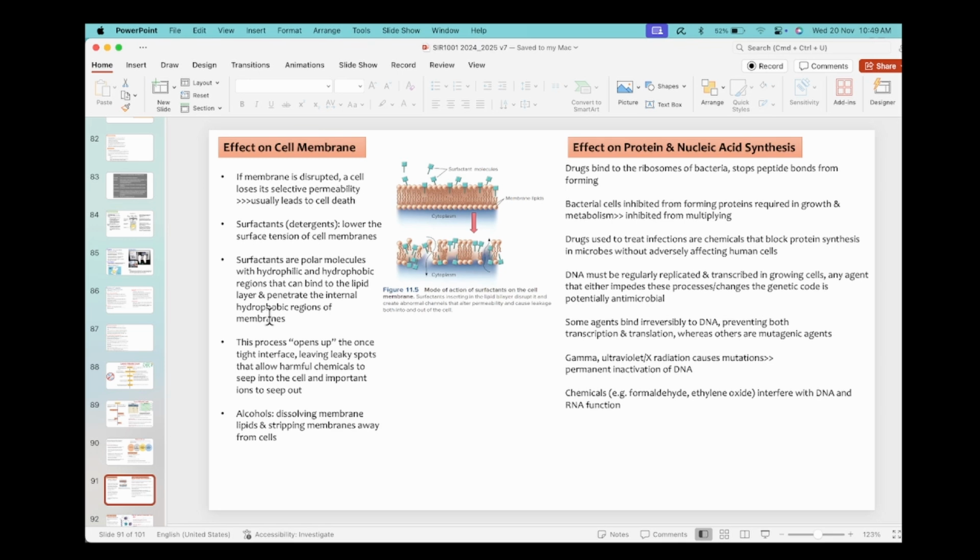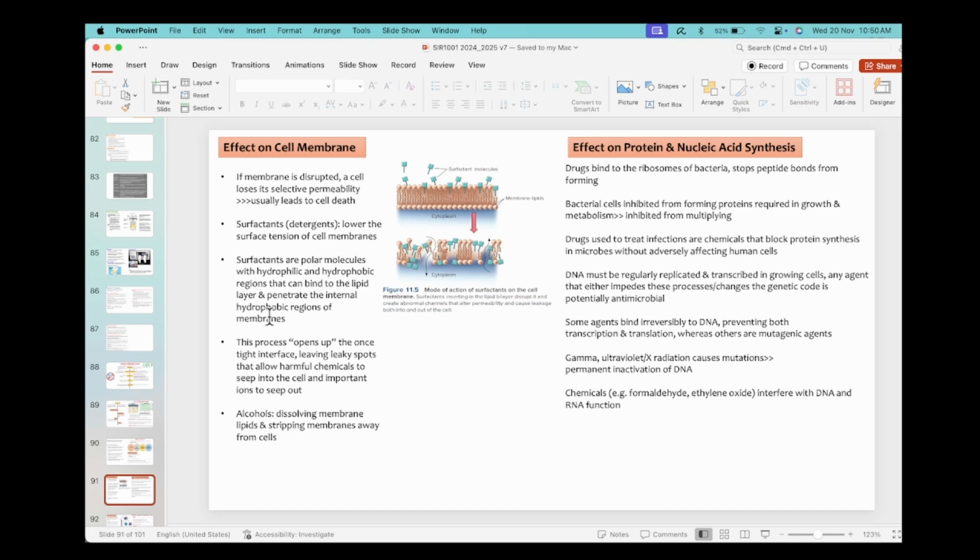So once you have surfactants that affect the cell membrane, then the cells cannot regulate what comes in and out of the cell, then it will die. So alcohol can do this. That's why when you use alcohol, you use 70% alcohol as a disinfectant, right? In your lab work.